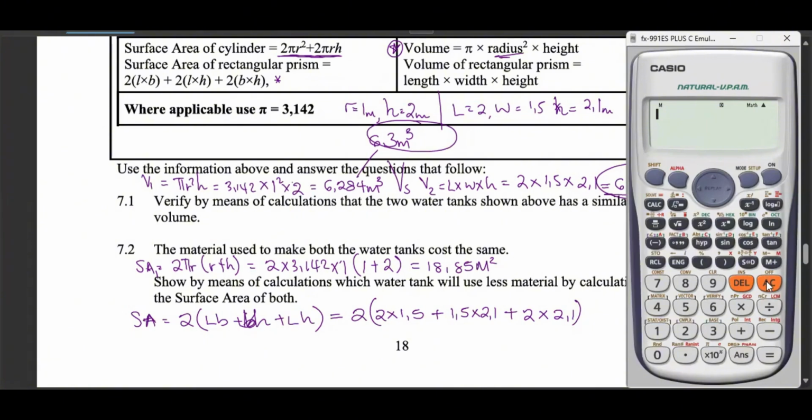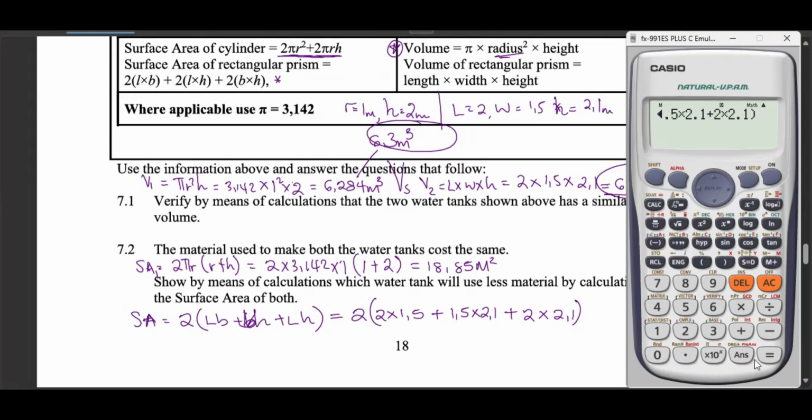All right, I'll put there 2, open brackets, 2 times 1,5 plus, don't forget, you first multiply, then you add. You multiply again, add. Then we say 1,5 times 2,1 plus 2 times 2,1.